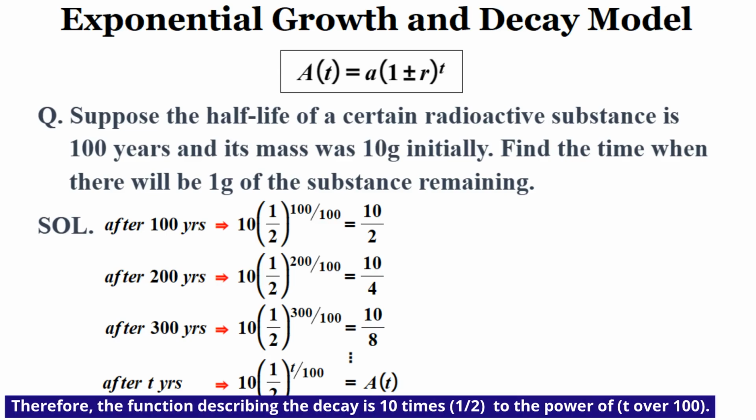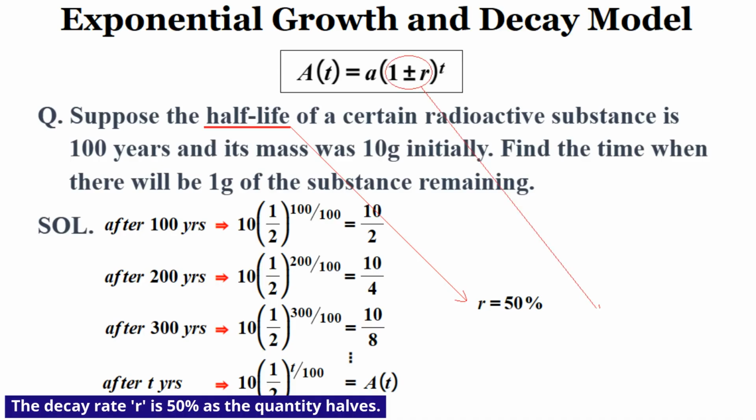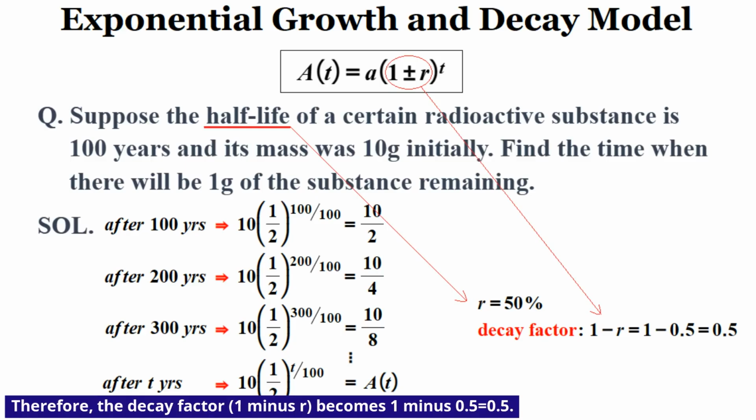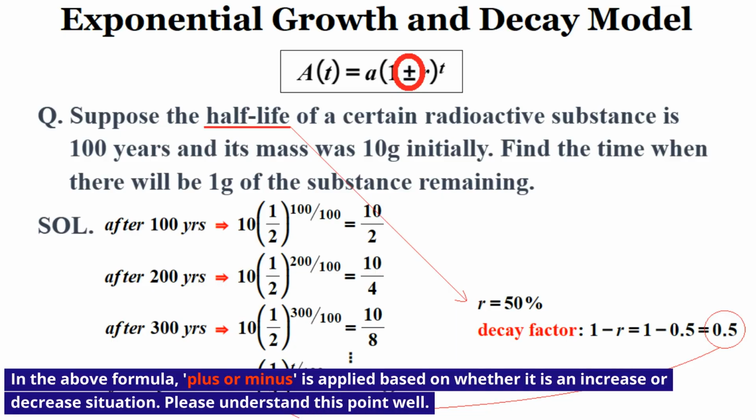Therefore, the function describing the decay is 10 times 1/2 to the power of t over 100. The decay rate r is 50% as the quantity halves. Therefore, the decay factor, 1 minus r, becomes 1 minus 0.5 equals 0.5. In the above formula, plus or minus is applied based on whether it is an increase or decrease situation. Please understand this point well.